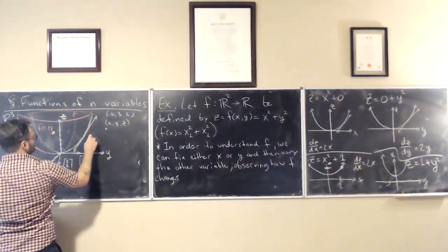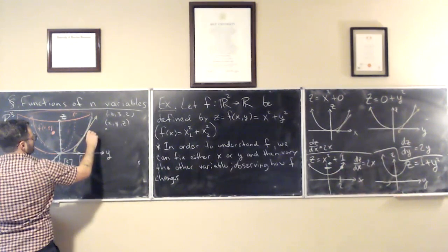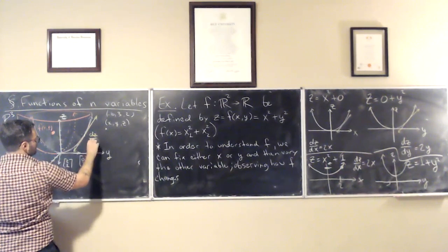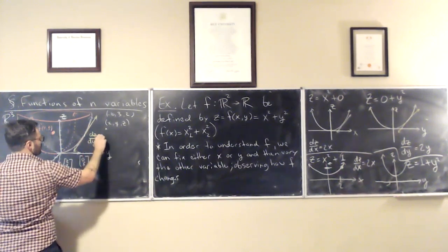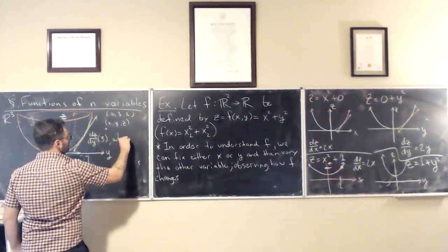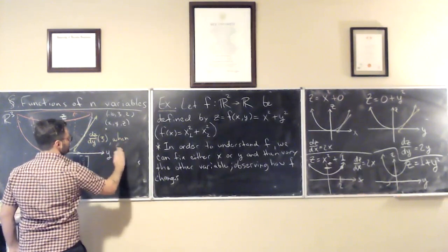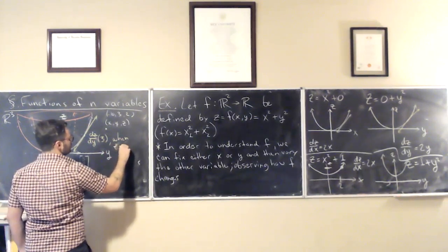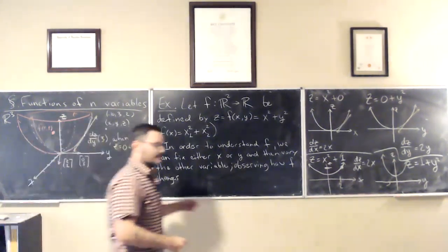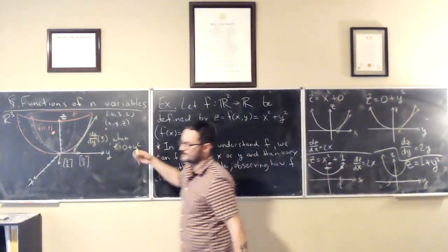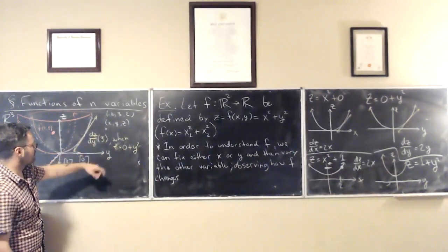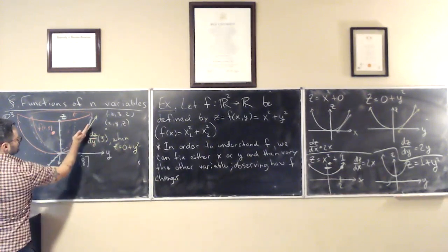So this is like dz dy of 3, when z was equal to 0 plus y squared. So when z was a function of just y and x was fixed at 0, we just take the derivative of this with respect to y, plug in 3, and it'll give us the slope of that line right there.